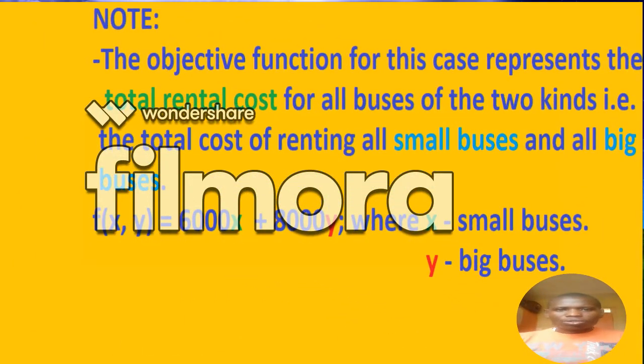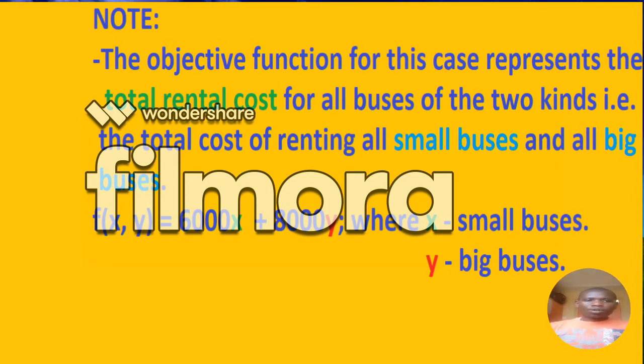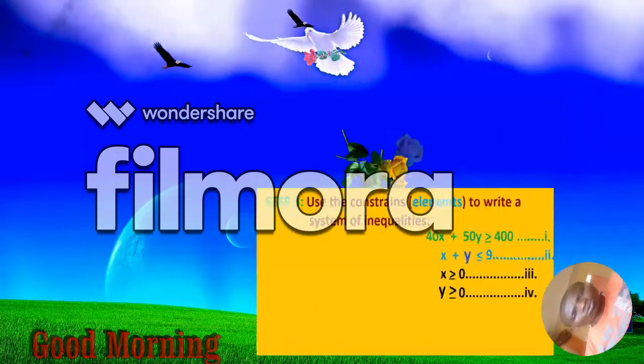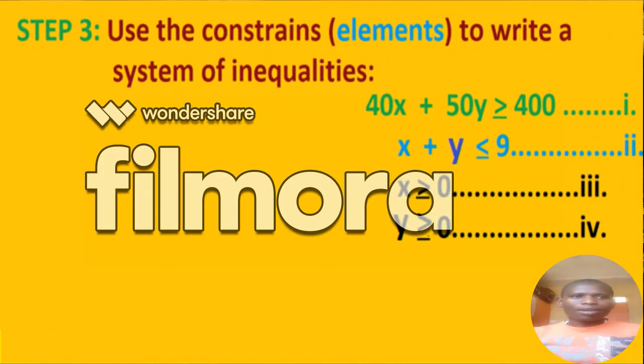Before proceeding to step 3, it's very important to note that the objective function for this case represents the total rental cost for all buses of the two kinds, that is the total cost for renting all small buses and all big buses. Now we are going to use the constraints or elements in the entire statement to write a system of inequalities.